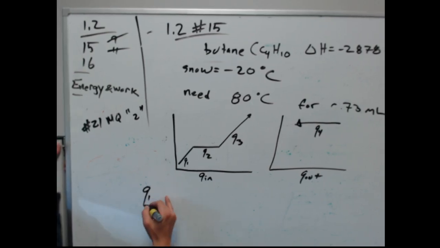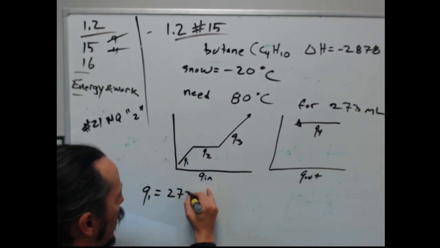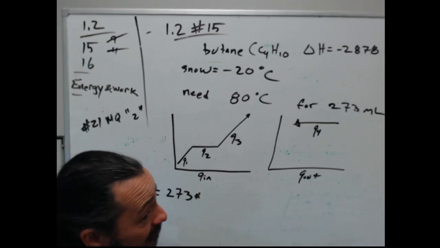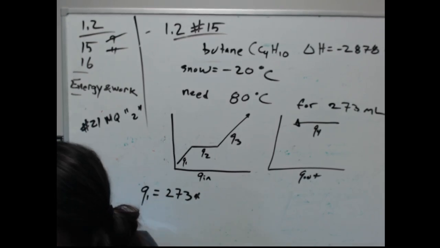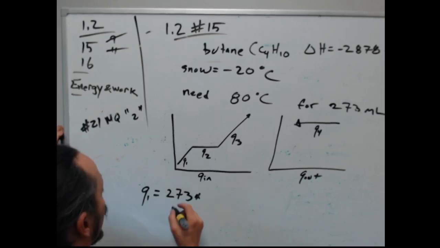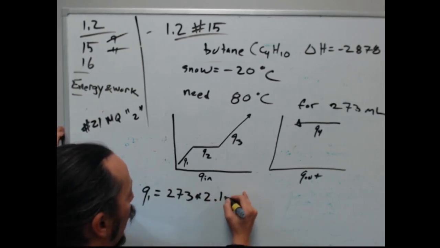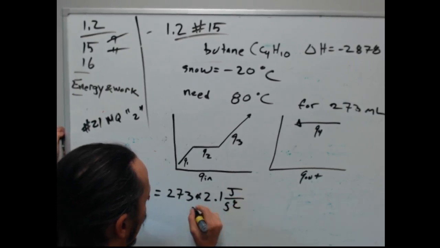So Q1 is going to be MC delta T. I erased the 2 there. So we're going to have 273. Now this is ice. It's frozen. So this is going to have a different heat capacity. Fortunately, I have my equation sheet handy. The heat capacity for solid water is 2.1 joules per gram per degree Celsius.